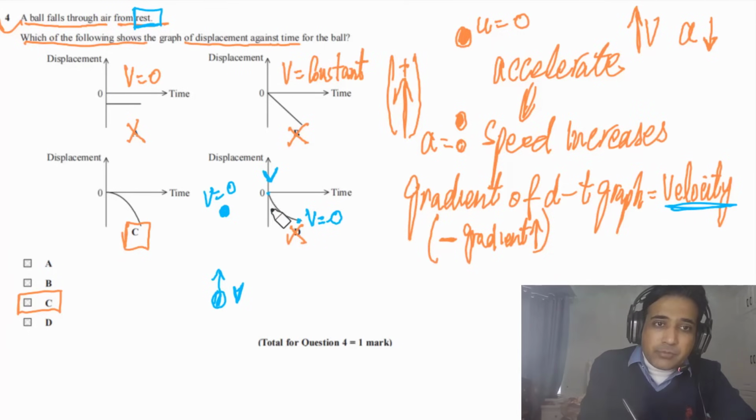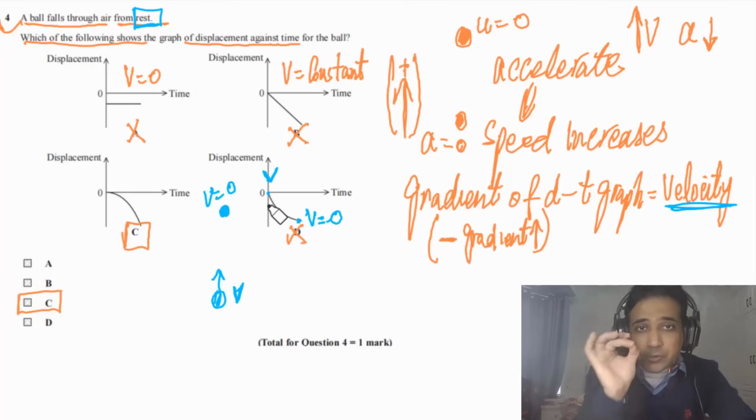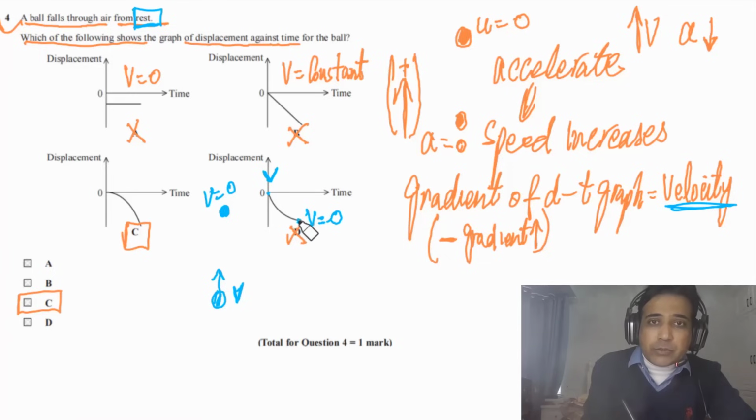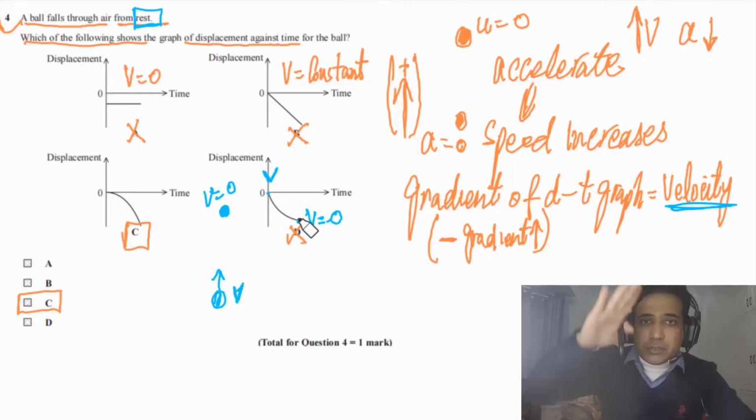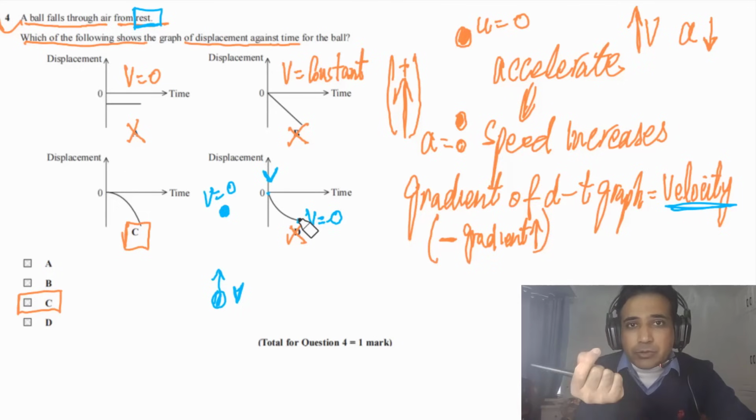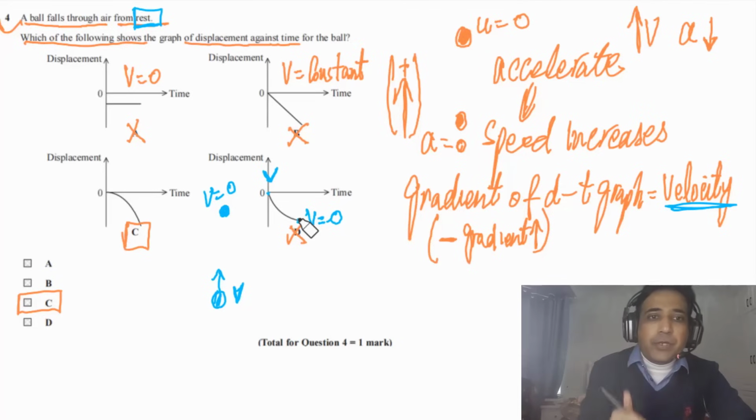The gradient at time t equals 0 has to be equal to 0 because it started from rest, and the final velocity should have some value, because in the air it will reach terminal velocity, and terminal velocity will not be zero. So the answer for this question is C. I hope it is very clear now.